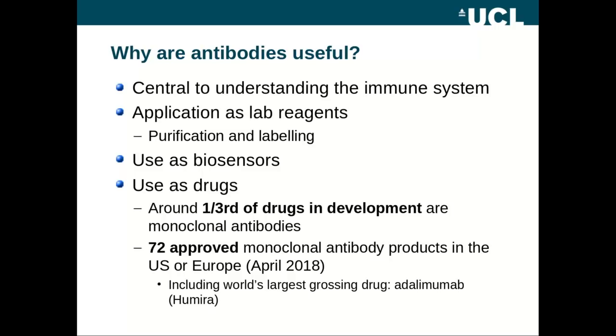And those products include what is currently the world's largest grossing drug, adalimumab, also known as Humira. And that's a drug that's used for rheumatoid arthritis and is a fully human antibody.